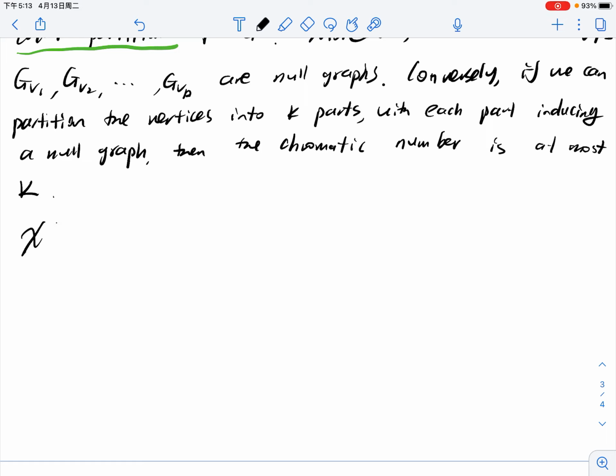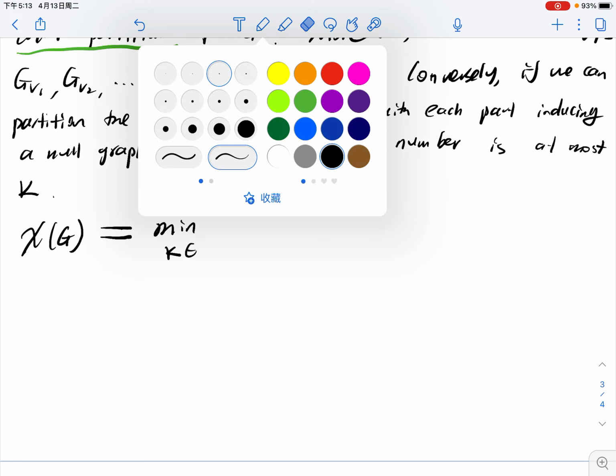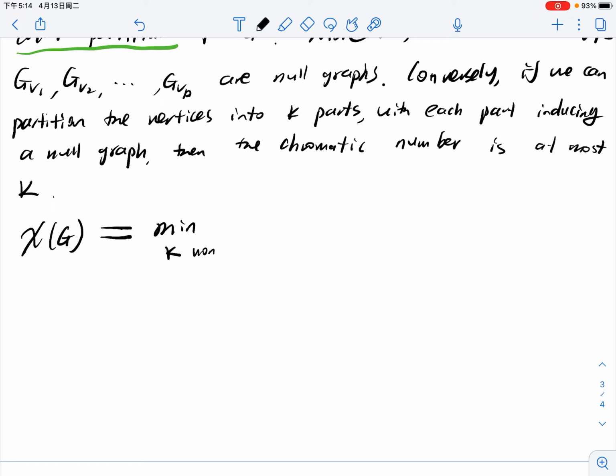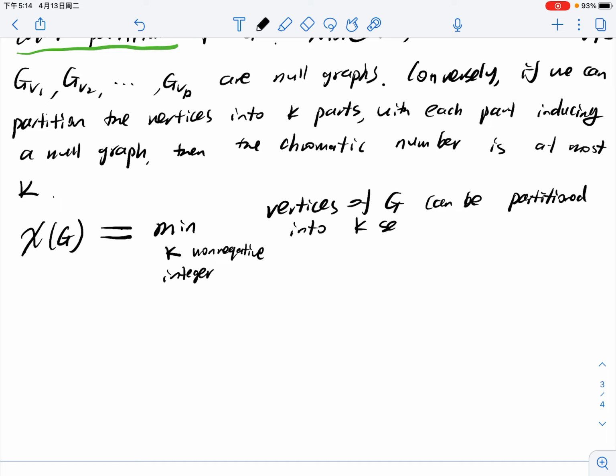And in other words, chromatic number of a graph is the minimal k, for all non-negative integers k, such that the vertices of G can be partitioned into k sets with each inducing a null graph.